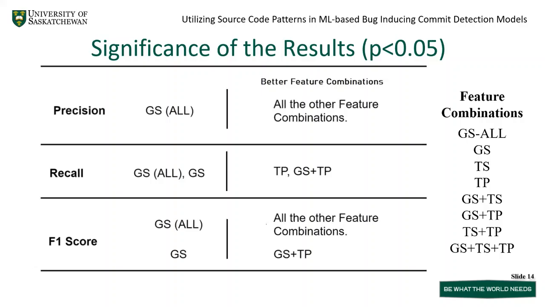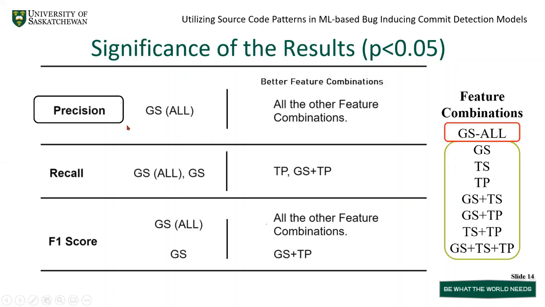We also performed the significance test of our result improvement, and we are going to show the result of the significance test in all the criteria: precision, recall, and F1 score.